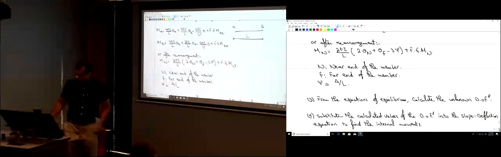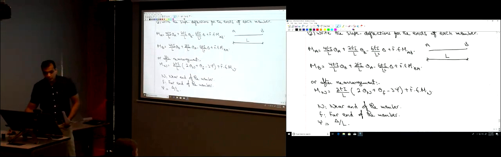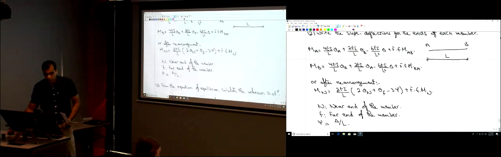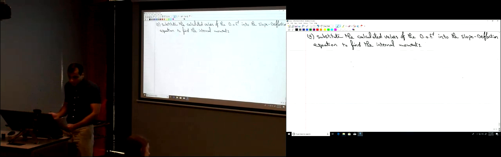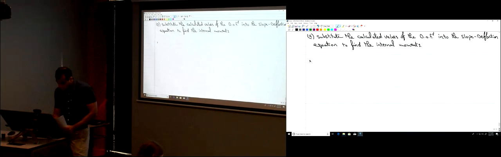So in the second step we had the fixed end moments in the slope deflection equations. Where would you get those fixed end moments? From the back of your book. The fixed end moments, you either memorize them or get them from the back of the book.